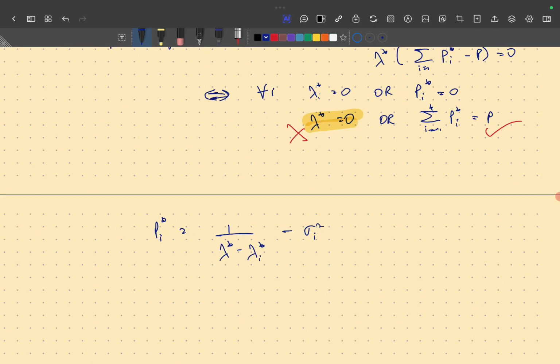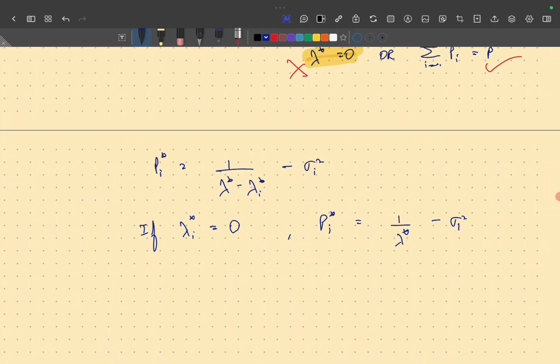Suppose lambda I star is equal to 0, then pi star must be equal to 1 by lambda star minus sigma I square.